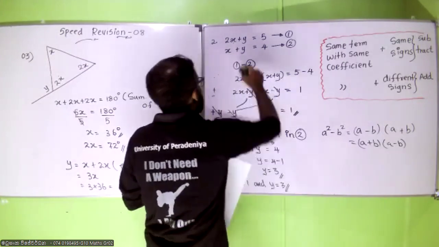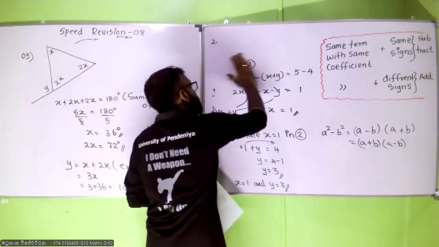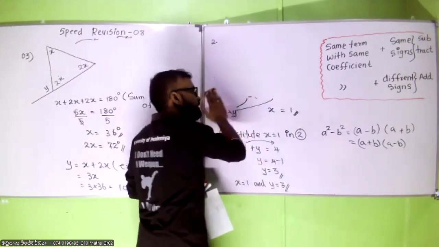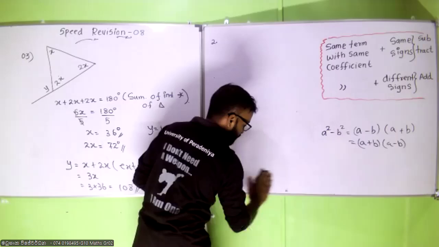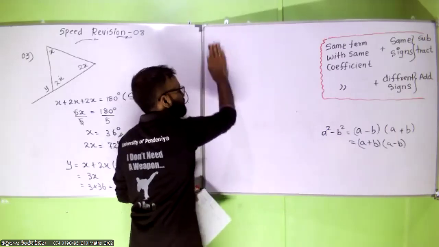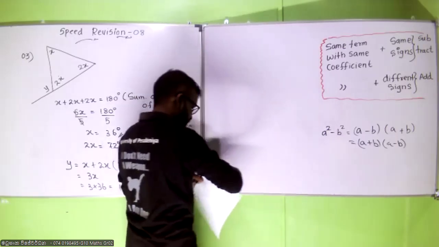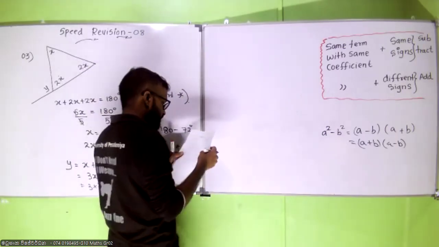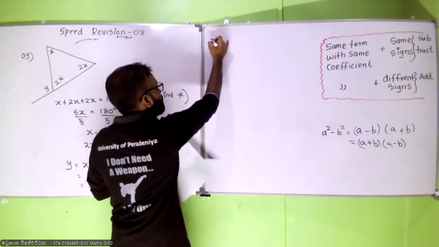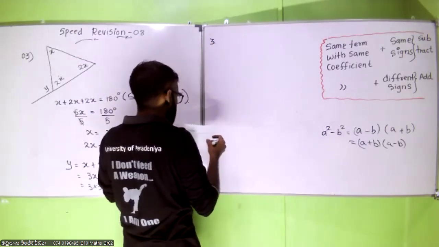So now you have simplified by using the knowledge of the indices. I hope you can remember those things. There are a few laws that you need to remember.